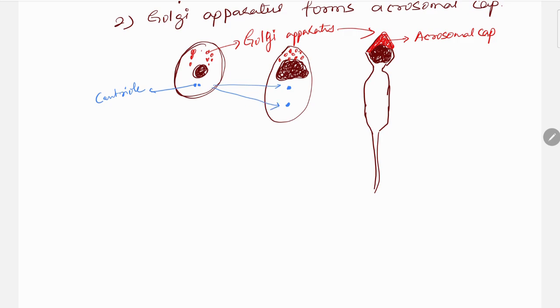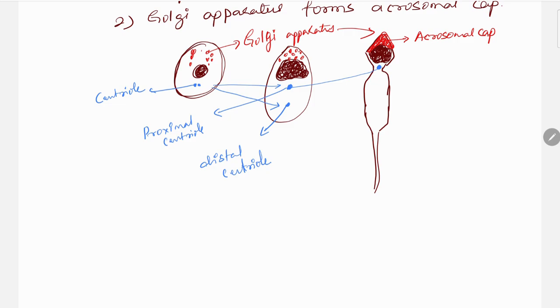This centriole will become like this. So this is near to the nucleus, we call it a proximal centriole. Okay, and this we call a distal centriole. Okay, see proximal centriole, this one will come and locate in the neck portion here.